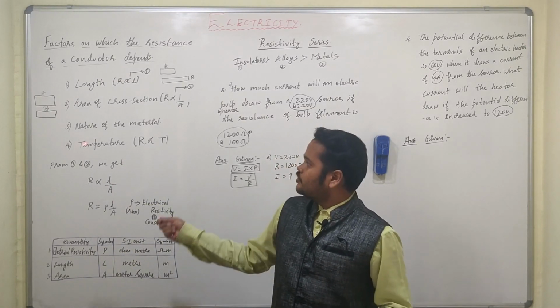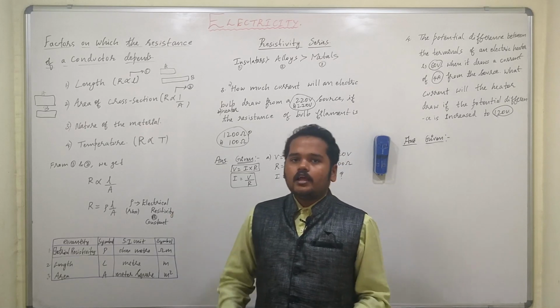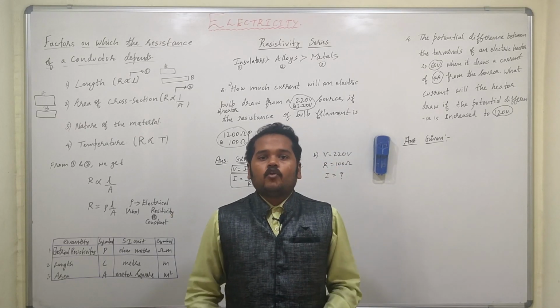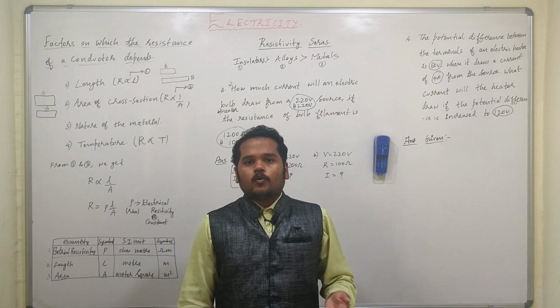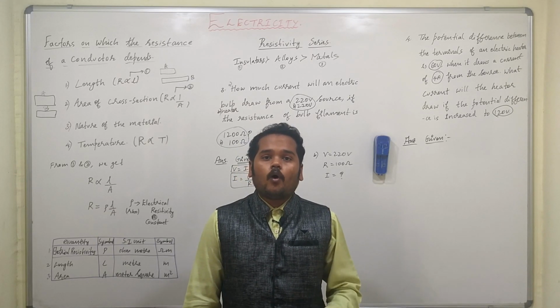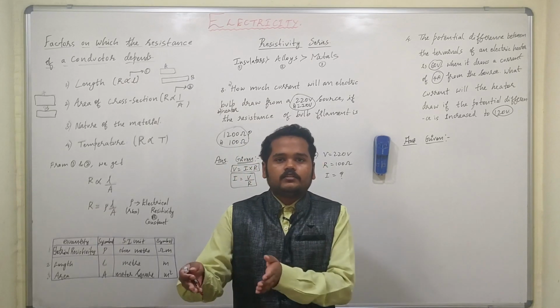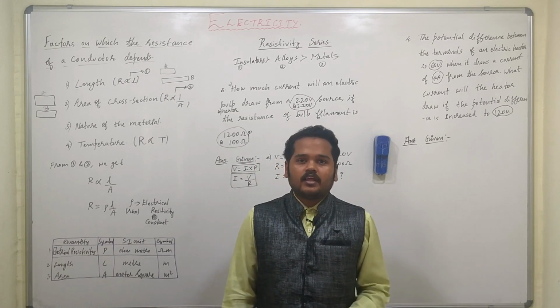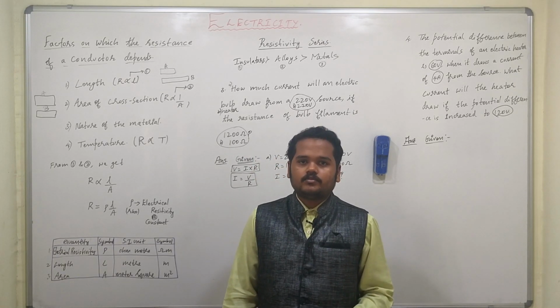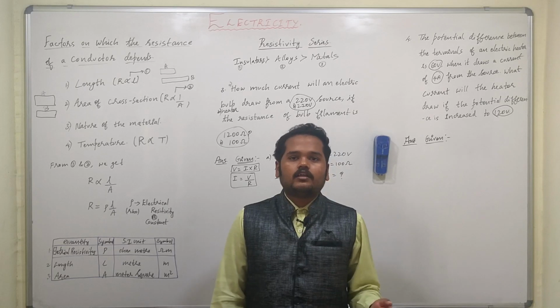Third, nature of the material. Let us take the example of metals, like chromium, manganese, silver, copper. All these are metals. Non-metals like glass, fluorine, chlorine, iodine.